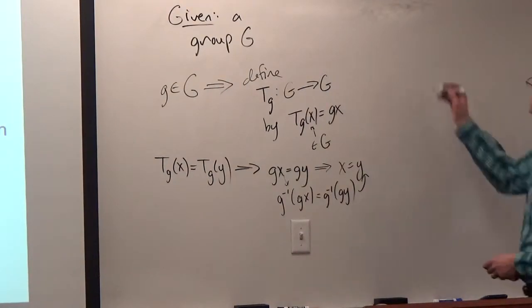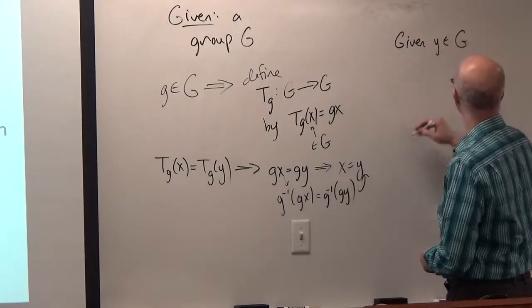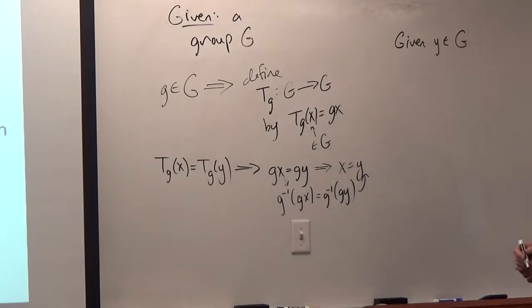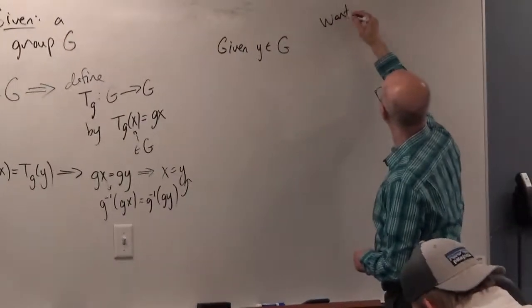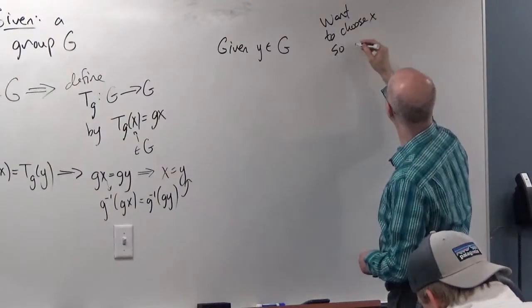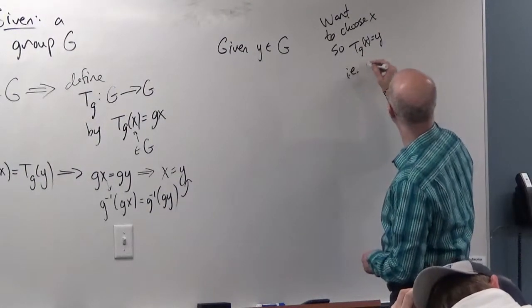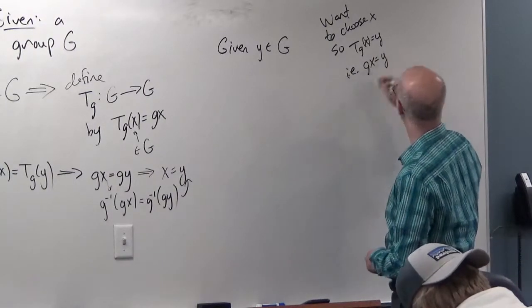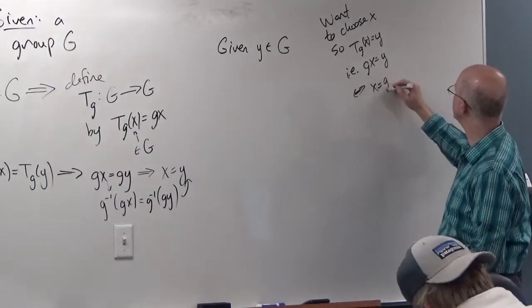Is it onto? Given y in capital G, how should I choose x so that x gets mapped to y? I want to choose x so T sub g of x is y, i.e., g times x is y, which would be equivalent to x being g inverse y.